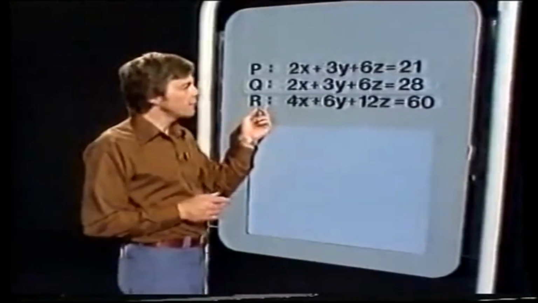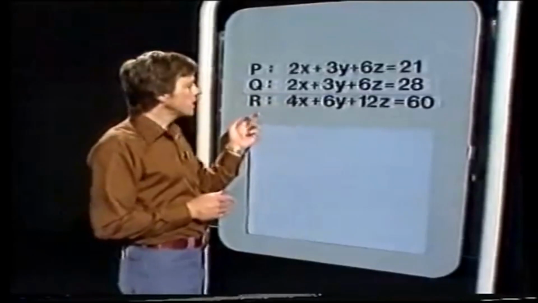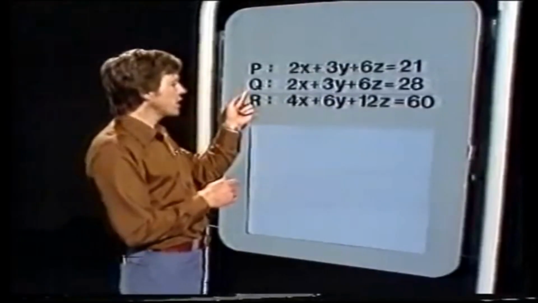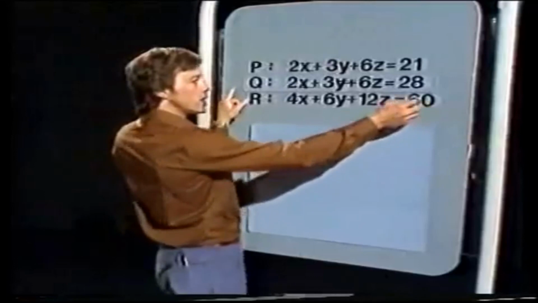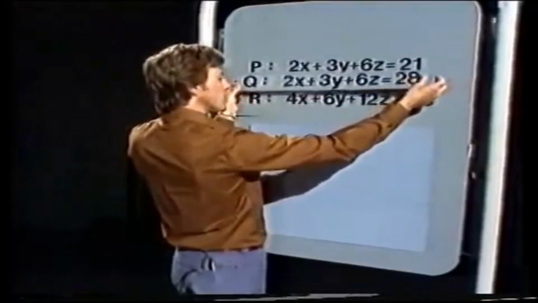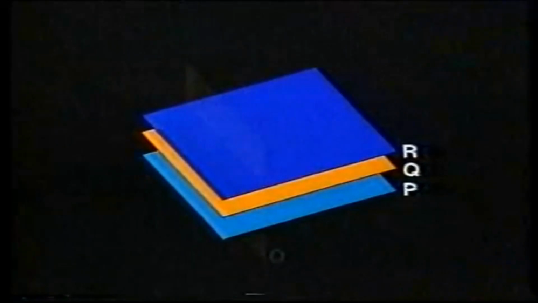Let's see if we can get a solution by changing another one of these planes. Let's change this equation Q to see if we can get a solution. Let's have a look at that one. This time, Q is not parallel to P or R. But although Q is not parallel to either P or R, there's still no solution, because there's still no point common to each plane.